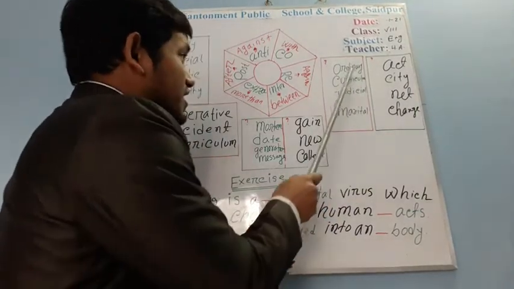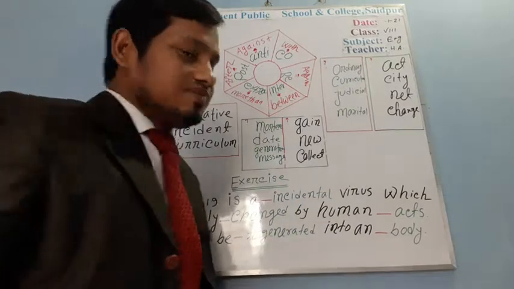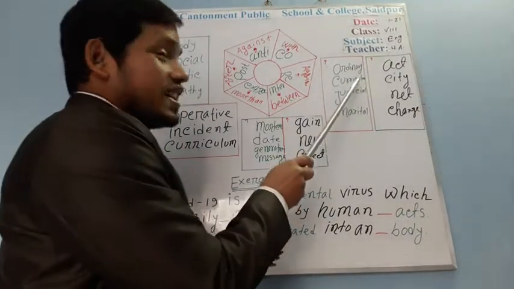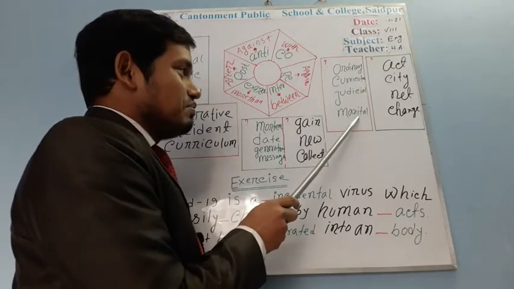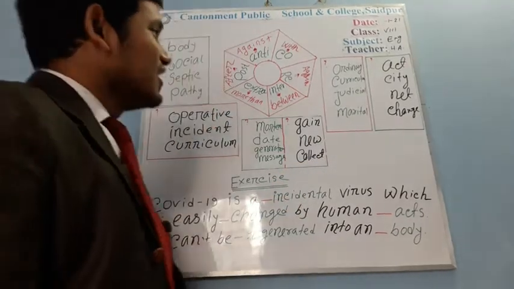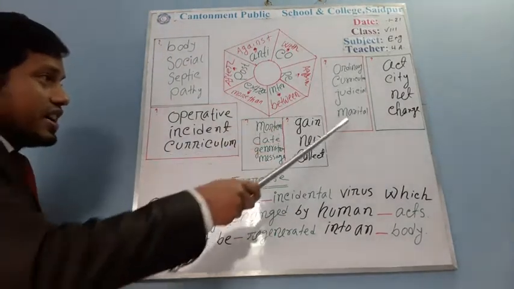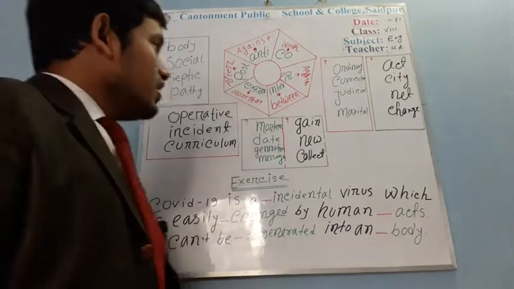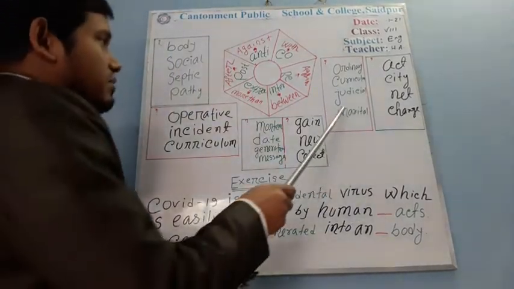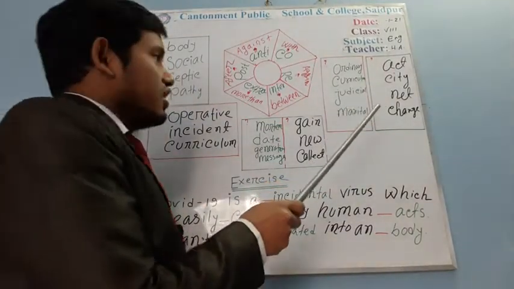This box is now ordinary. Here is again curriculum, you can see judicial, marital. Right? Learners, you can have a lot of English words in your personal life, in dealing in the English language.